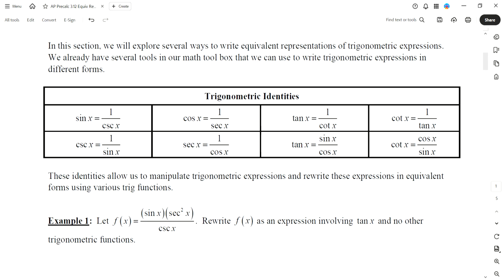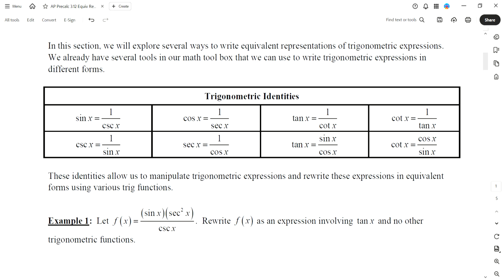Sine being 1 over cosecant, cosecant being 1 over sine, cosine 1 over secant, secant 1 over cosine, tangent 1 over cotangent, tangent sine over cosine, cotangent 1 over tangent, cotangent cosine over sine. These are all identities that we have already seen from the first part of the unit into the second part of the unit. So what we're going to do is work on simplifying some of these expressions.